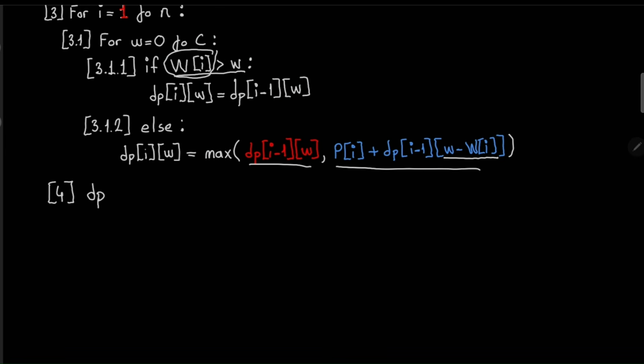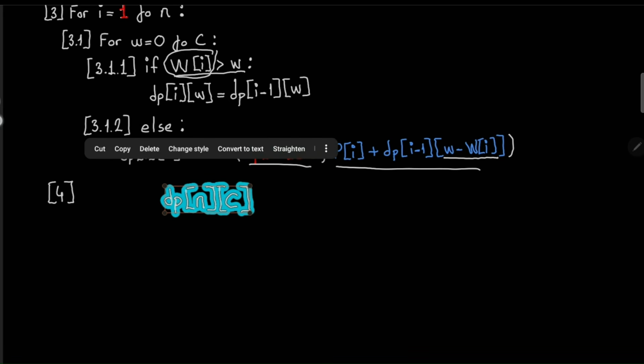And at the end of the day, we are returning the last column of the last item. The last item is n, because n is the number of items. And the last column is C. So we will actually return this. Let's say return here.